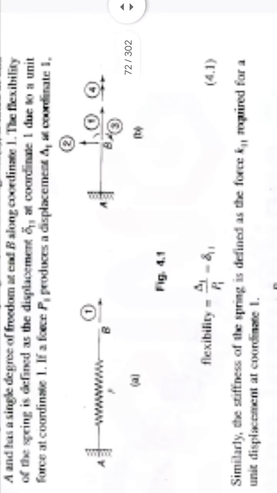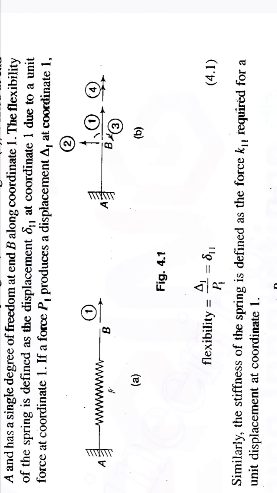So if this is a member, a spring which has a free end, and one end of the spring is connected to support A and the other end is free. A unit force is applied at point A, then what at point B?